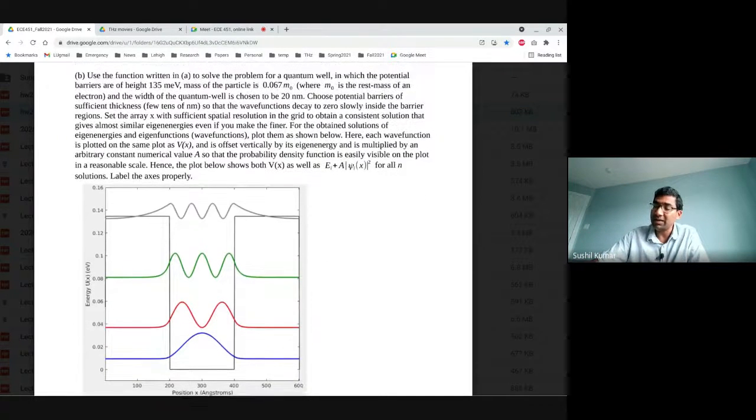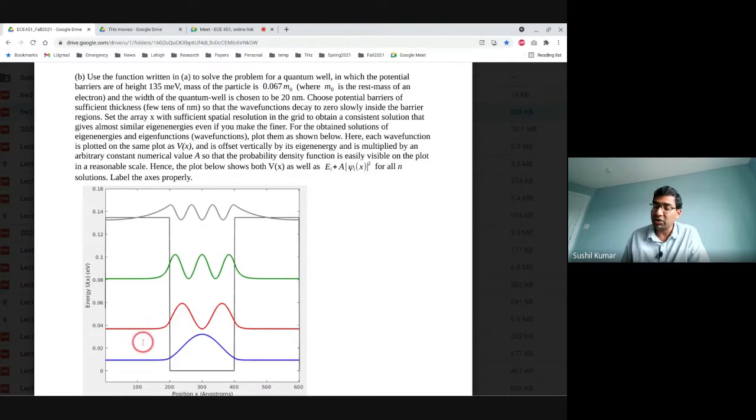And when this is plotted, you will notice that the wave functions you get will be of very different magnitude compared to the energies here.